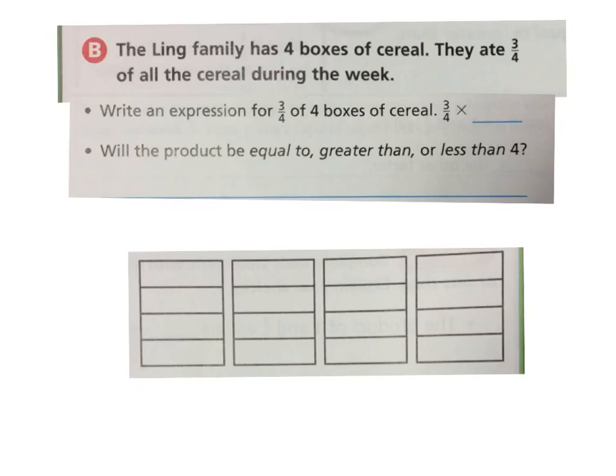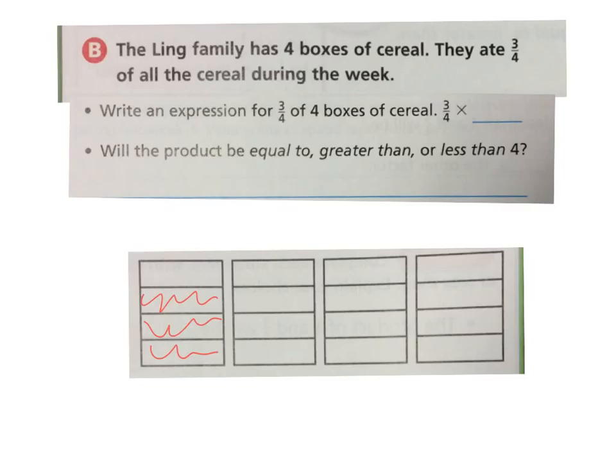Now the Ling family has 4 boxes of cereal, and they ate 3/4 of all of that cereal during the week. Okay, so first draw a model that shows 4 boxes of cereal, each divided into 4 equal parts. If the Ling family ate 3/4 of this box of cereal, how many sections should I shade in? 3, okay. But did they only eat 3/4 of one box of cereal?